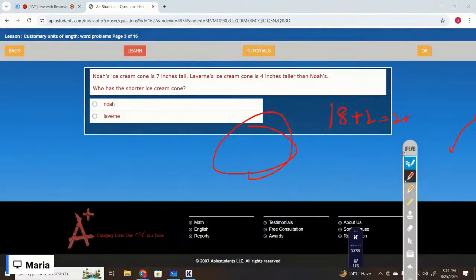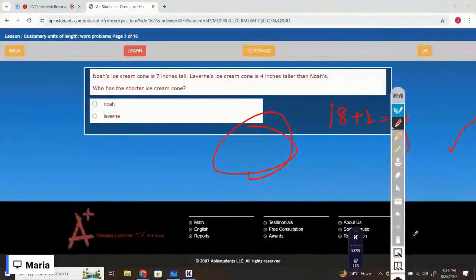Who has the shorter ice cream cone? So Noah's ice cream is 7 inches tall. Levin's ice cream is 4 inches taller. Option number 1 is the correct option.